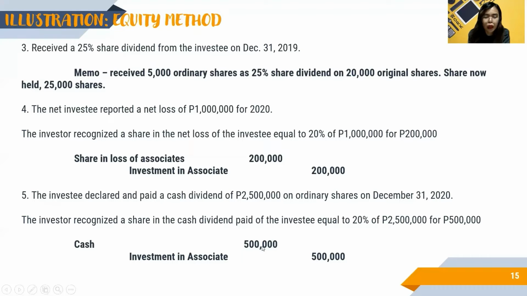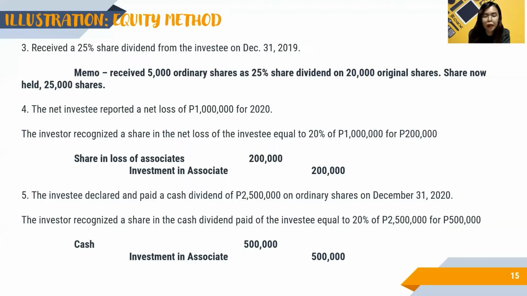So, naka-receive ka ng cash dividends. So, debit to cash na 500,000, credit to investment in associate na 500,000. Note that under equity method, cash dividend is not an income but a return or reduction of investment.